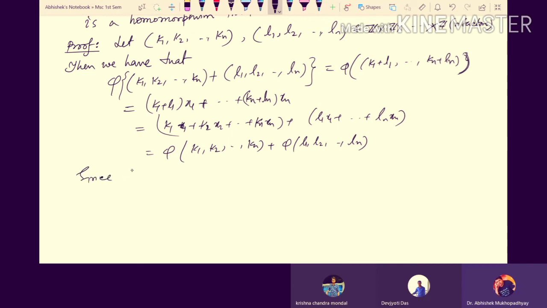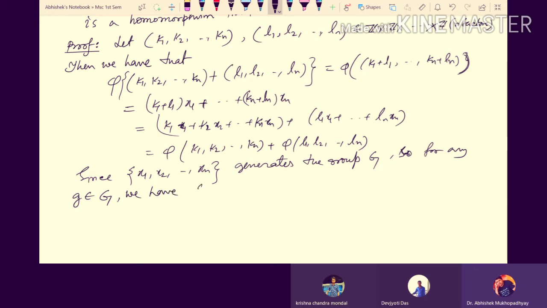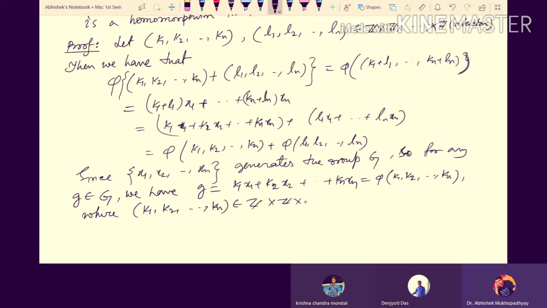And since these elements x1, x2, ..., xn generate the group G, for any small g belonging to capital G, we have g can be written as k1x1, k2x2, ..., knxn, which is actually phi of (k1, k2, ..., kn), where this element (k1, ..., kn) is in Z cross Z up to n factors.